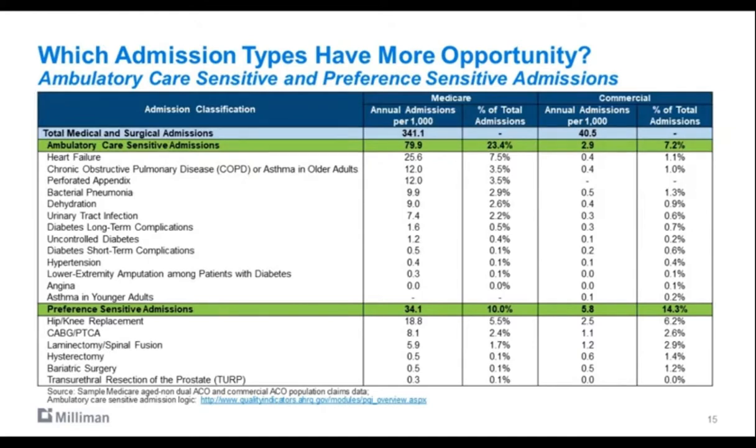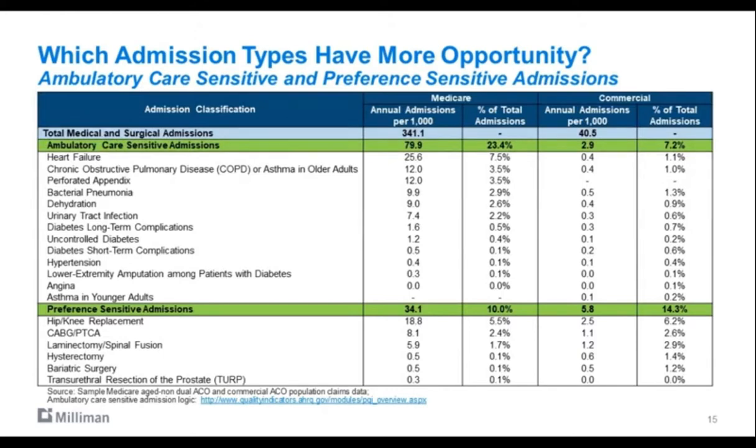The ambulatory care sensitive admissions are AHRQ. They have logic. They publish annually. They update the SAS logic that we use and run on the claims data to identify, again, this is a subset of the admissions. Here, 23% of the Medicare admissions are what we call ambulatory care sensitive.